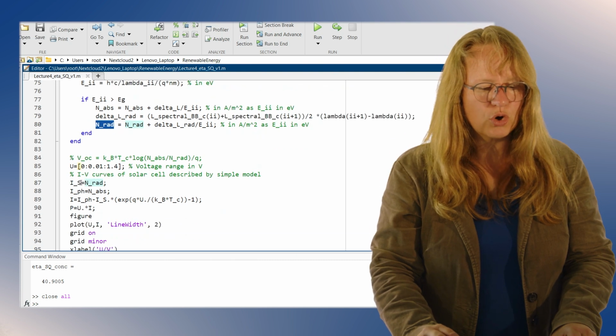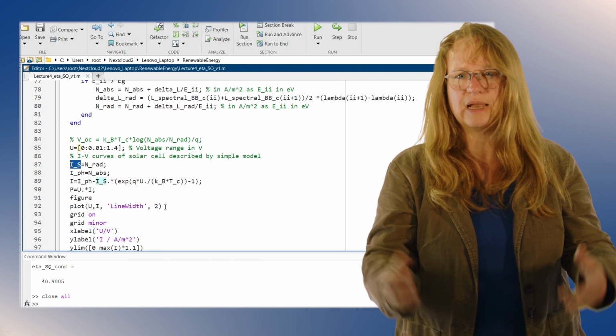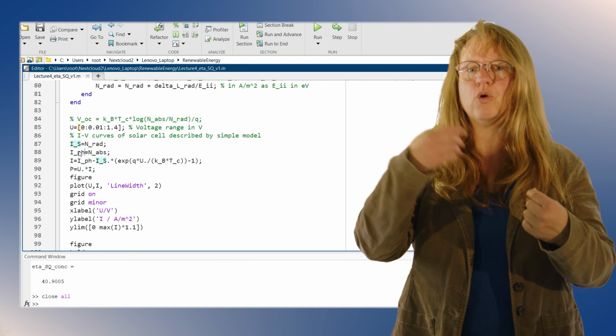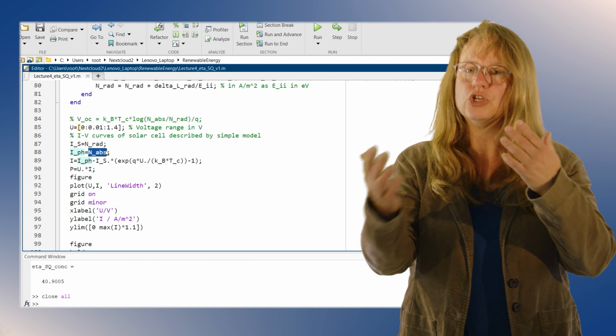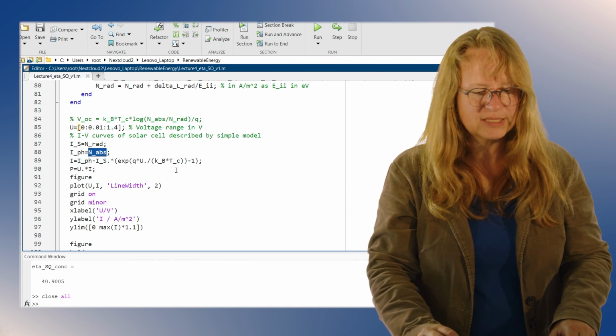And then the photocurrent corresponds to the N absorbed. So it's the number of absorbed photons multiplied with the charge Q, assuming that each photon is converted to one electron that flows as current.